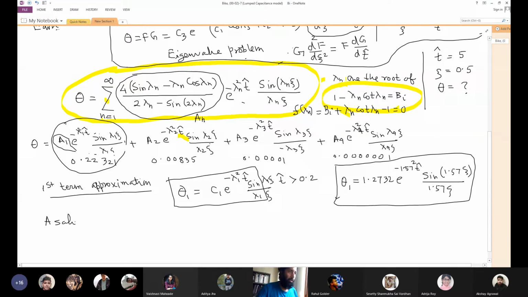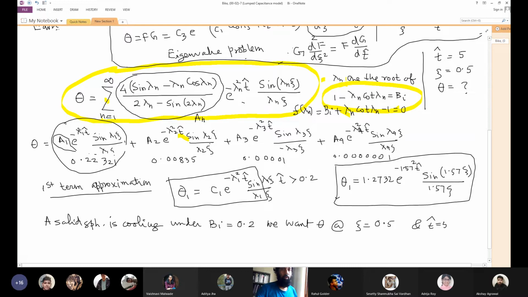A solid sphere is cooling under bio number equal to 0.2. We want theta at zeta equal to 0.5 and t hat equal to 5.